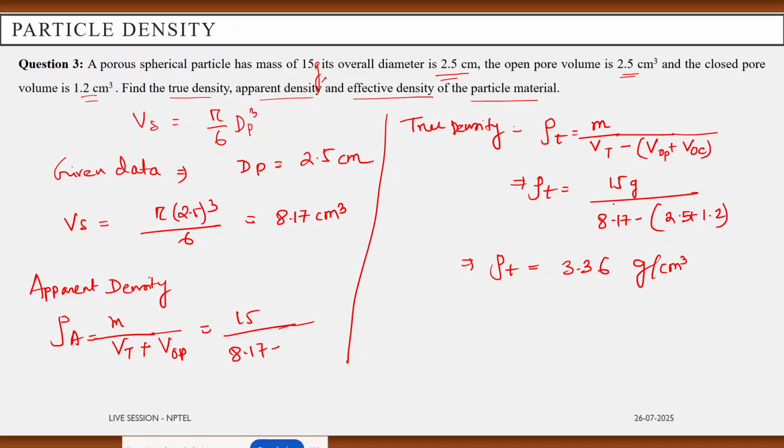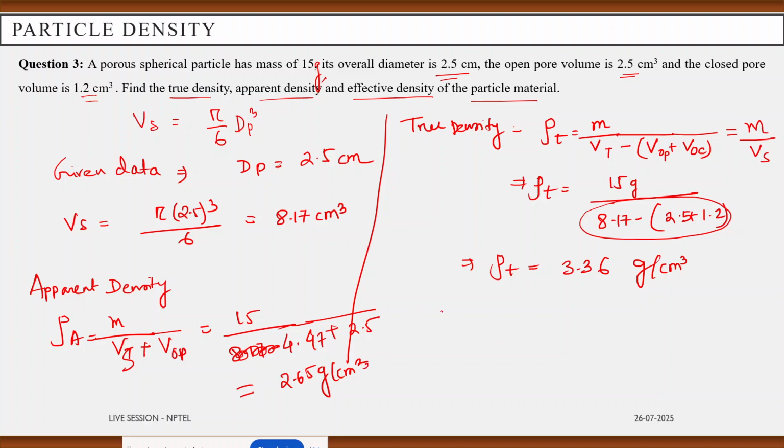So this one is the volume of the solid. And the last one is the effective density.